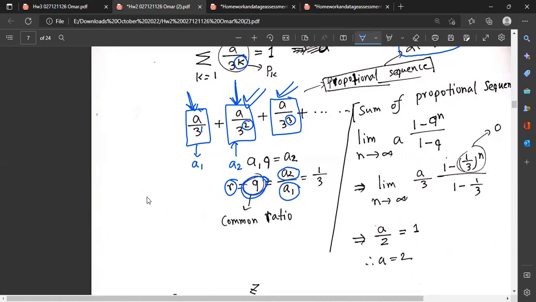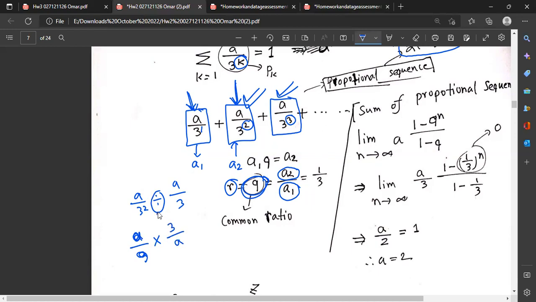So if I divide here, you see that a by 3 square divided by a by 3, right? So we know that 3 square is 9, and then we flip the sign here. For division, we write down multiplication. So a by 9 multiplied with 3 by a.